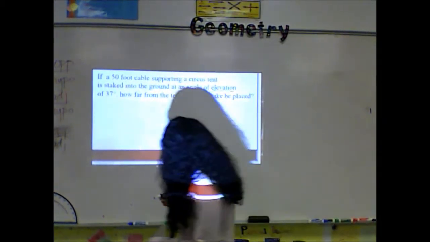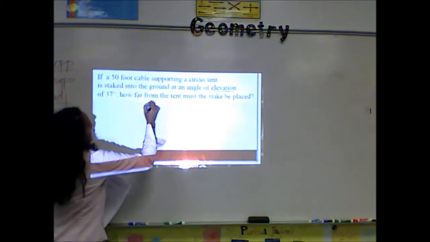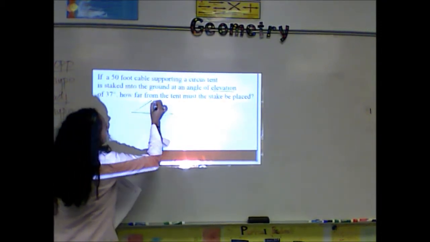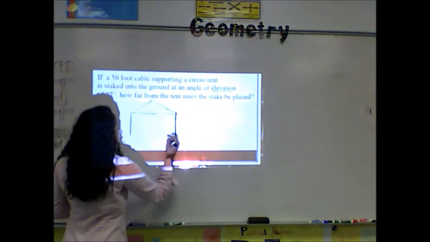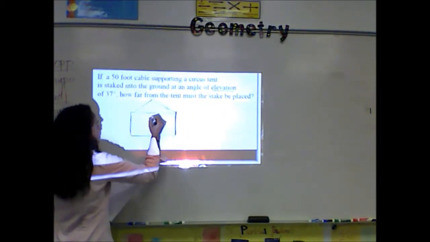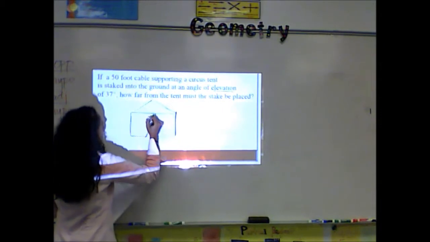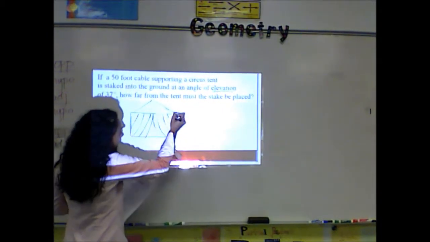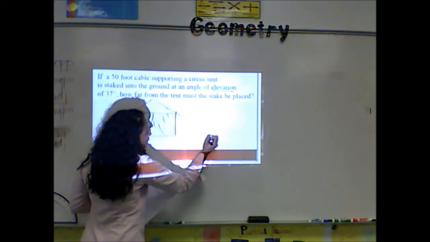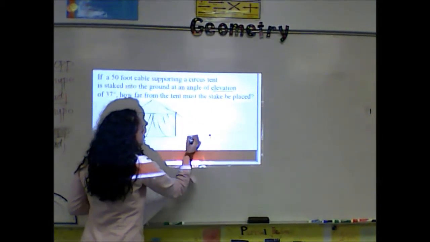Alright, so I'm going to go ahead and draw a picture, and you can draw yours as well. We have a tent, and then we have the stake pulled tight into the ground.